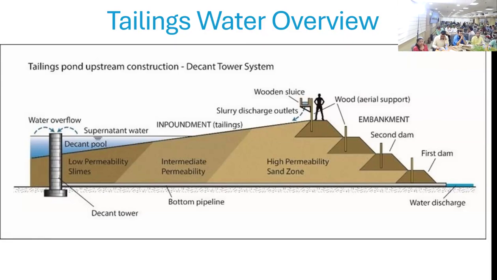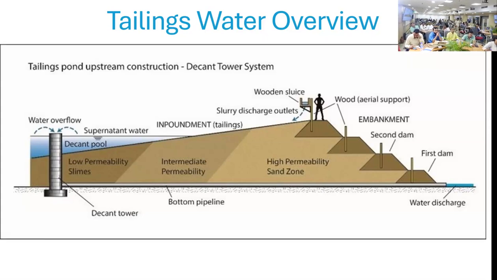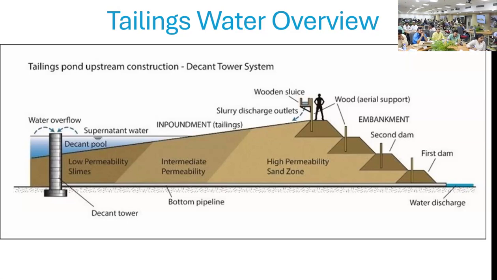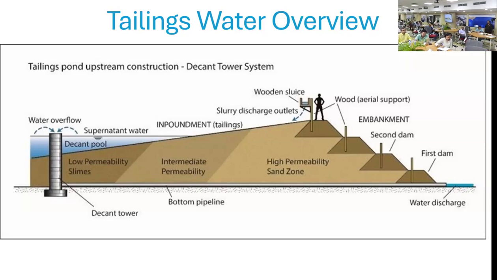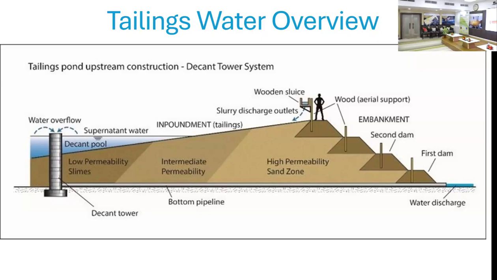We make one or two operational, then we shift to the other, and in the one which was filling, we settle down the fly ash and decant the water to the next, or we sometimes take it back to our plants.